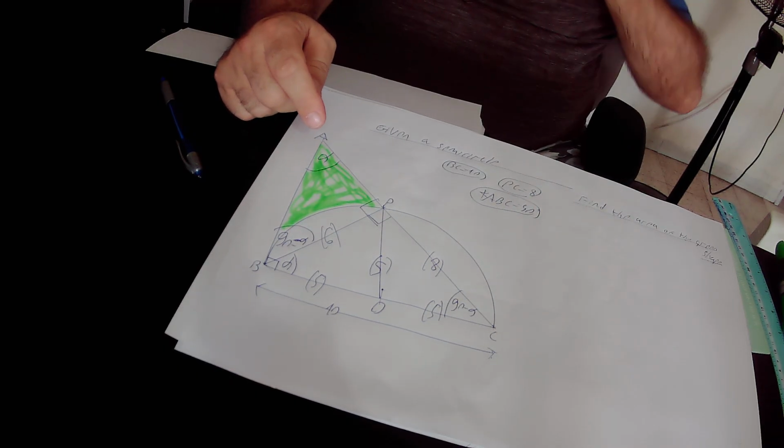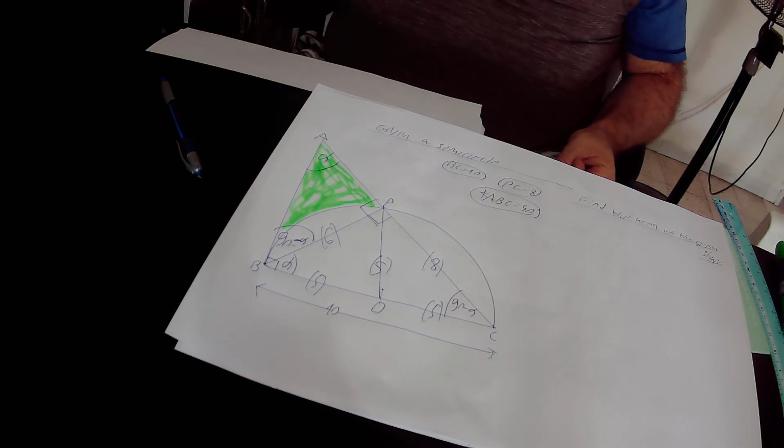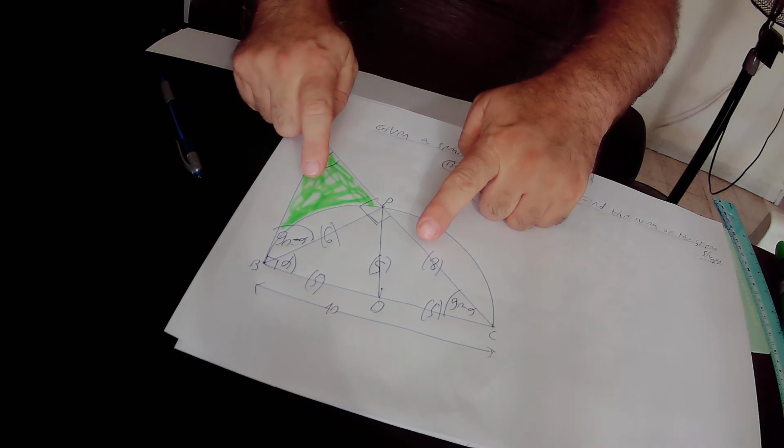So we find that all the angles of the right triangle BPC are correspondingly equal to all the angles of this right triangle APB. And therefore, those two right triangles are similar to each other according to the angle similarity rule.